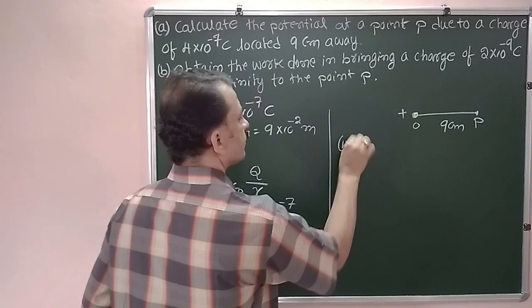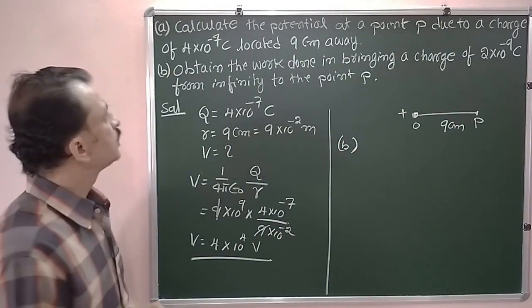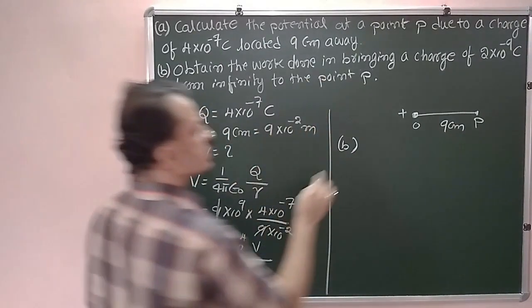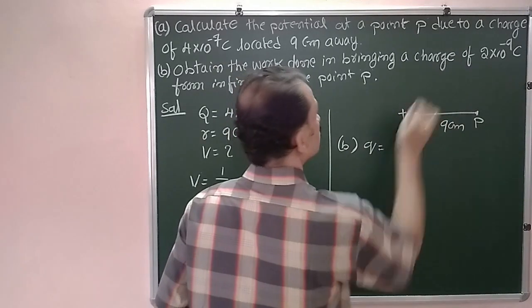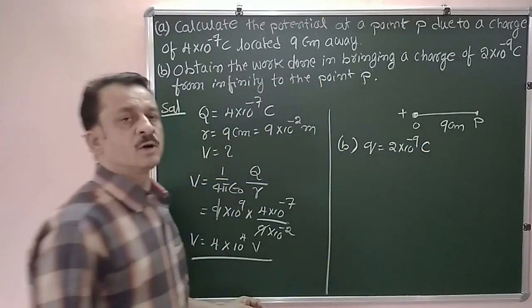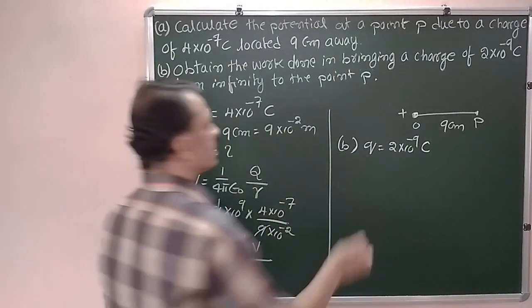Now part B. Now we have the potential at the point P. Now we are bringing a charge, small q, equal to 2 into 10 raised to minus 9 coulomb from infinity to the point P. Then what is the work done?